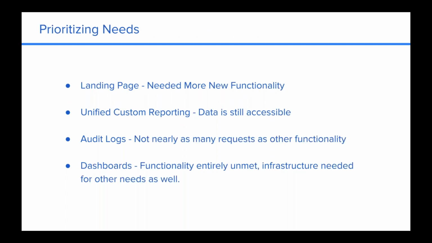We wanted to add unified custom reporting across the product. So if you wanted to make a custom report and access both payroll and HRIS data, that was one tool. We needed audit logs. In the HR world, it's a pretty big deal to be able to figure out who changed what and when, particularly around things like managers, salaries, and roles and permissions.